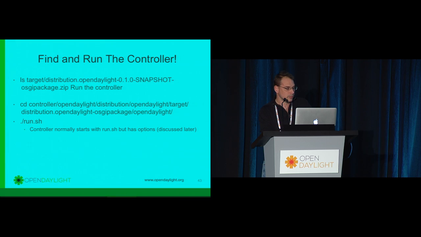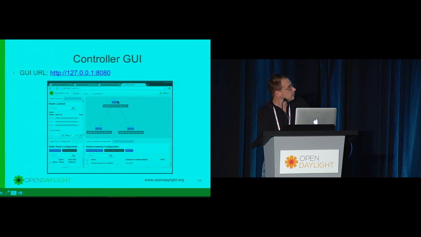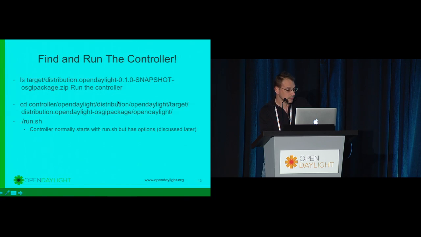So this is how you run the controller. Take a look in the target directory, in the snapshot directory. You go down here and run the run.sh script, and that'll load it.